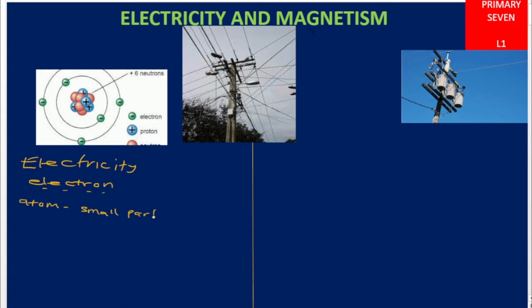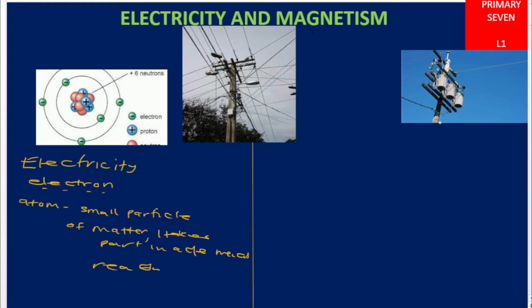But as it is very small, it takes part in a chemical reaction. So an atom is the smallest particle of matter that takes part in a chemical reaction.